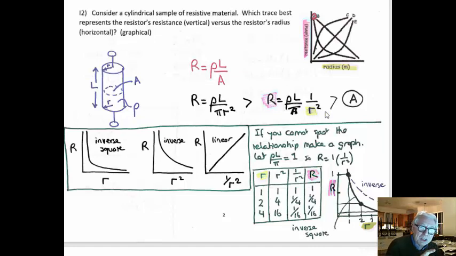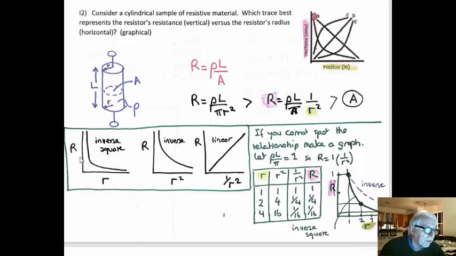So that's one of the mistakes that people make, is they think that the squared is attached to the r, and that's what you're plotting. And you're not, you're only plotting the r. Because this is what's going on, this is a bit of explanation here. If I plotted the resistance versus the radius, I get an inverse square relationship, because if I look at this equation, the radius is on the bottom, so it's inverse, and it's squared.